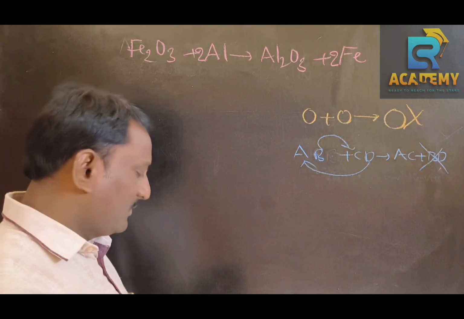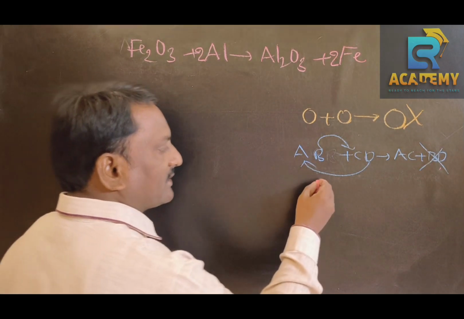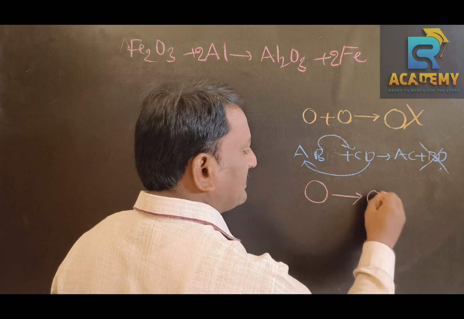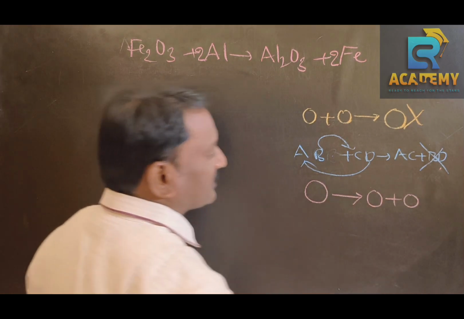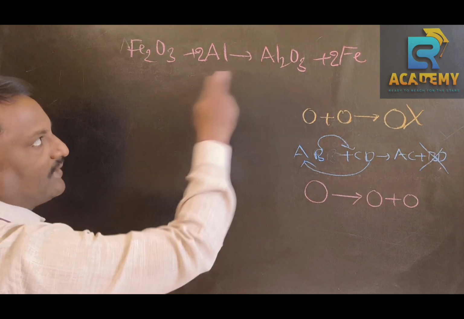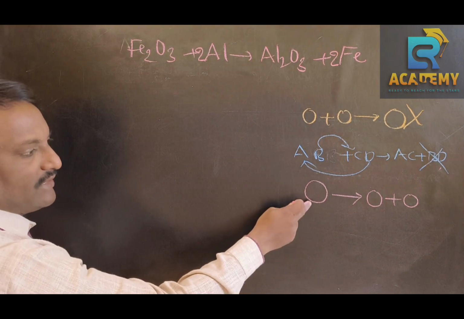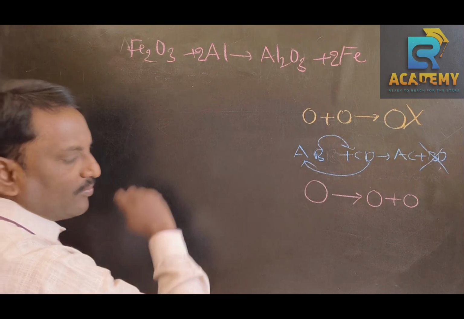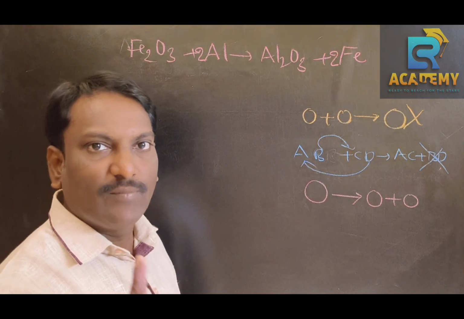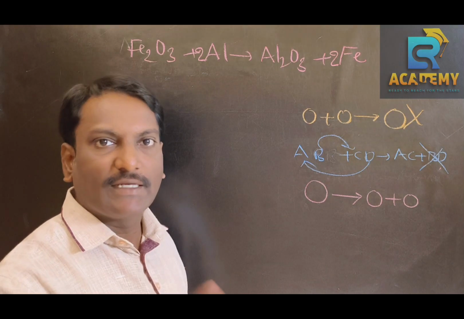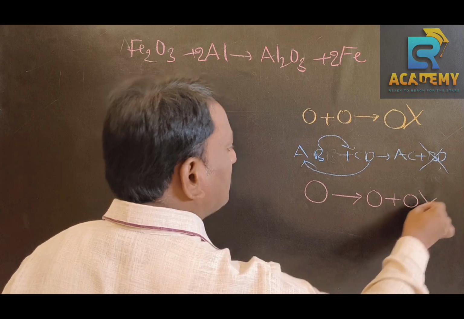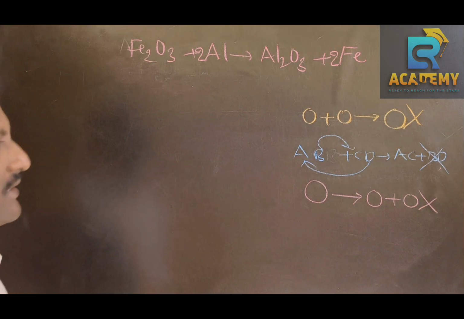Next one, decomposition reaction. In a decomposition reaction, a single reactant splits up into two or more products. But here two reactants are there, so that's why it's not a decomposition reaction.